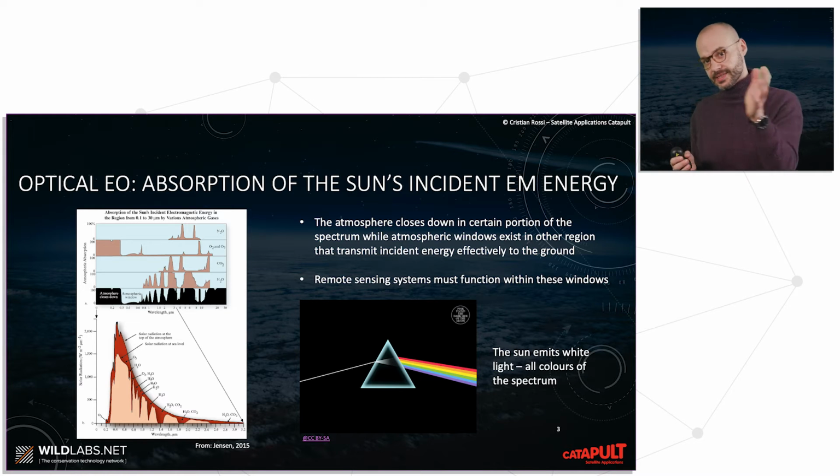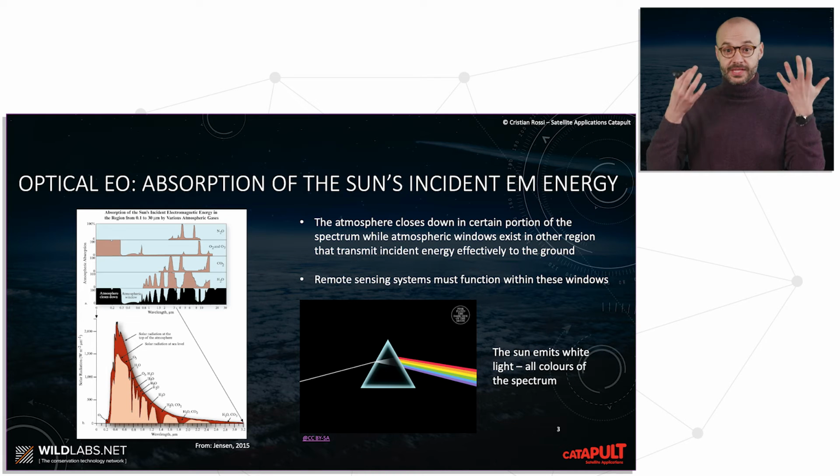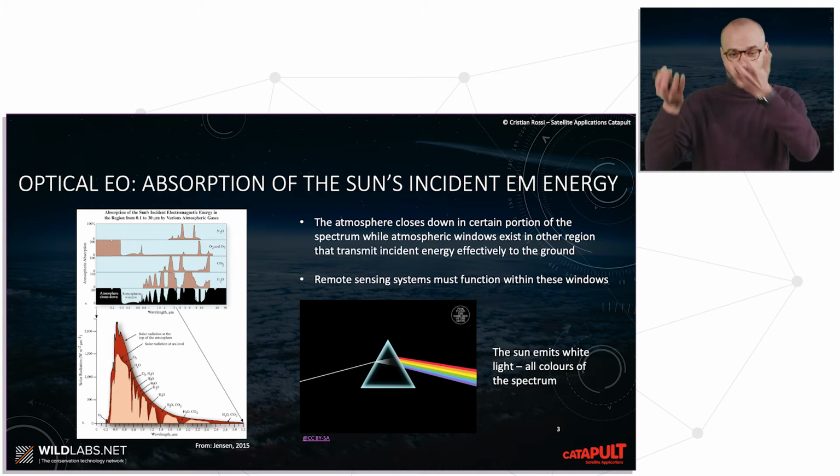In this case, it is the infrared part of the spectrum. What is important here is that different components on the ground behave differently in terms of the spectral energy received at our sensor. Let's have a look at a few examples.